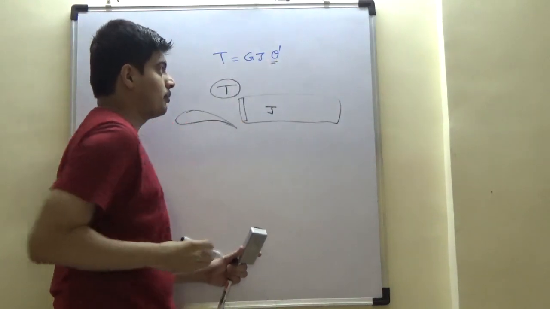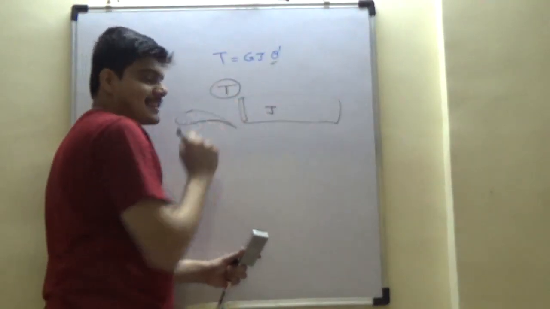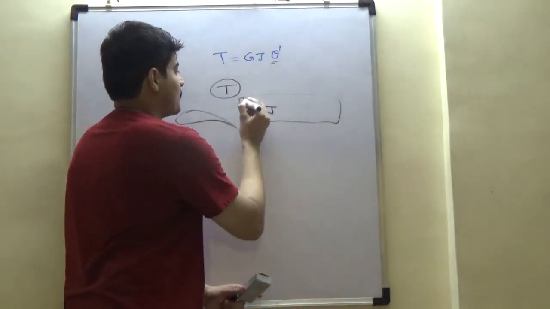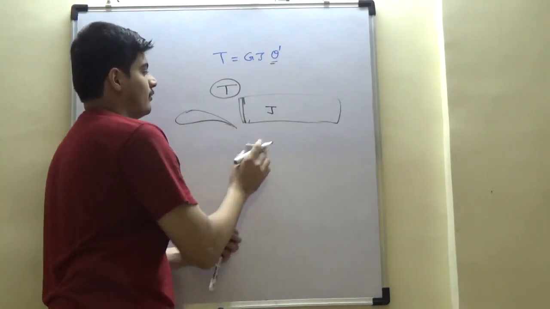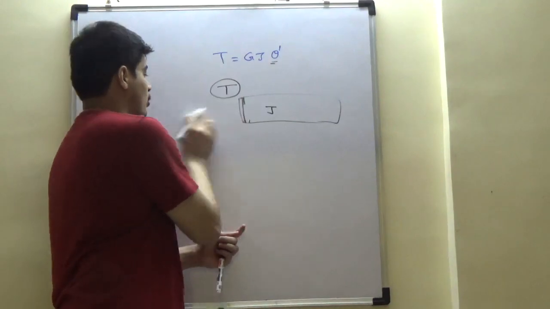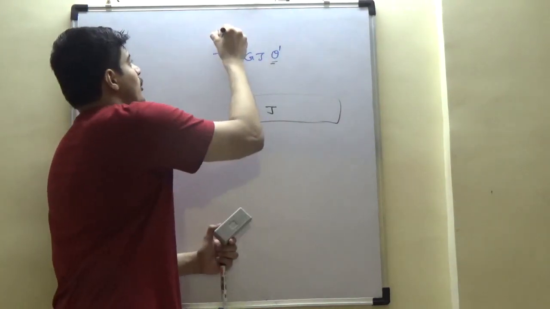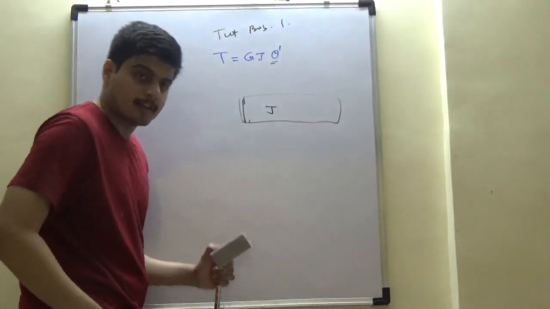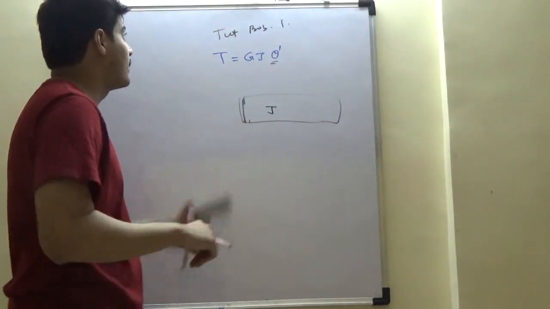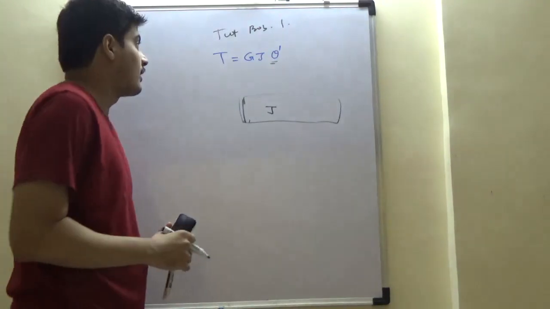Where does this come into the picture? Aeroelasticity problems. See, this is one section of the wing, right? So I'm just going to explain this as tutorial problem 1. It is not a GATE problem, it is not a competitive objective problem, it is a theoretical problem.